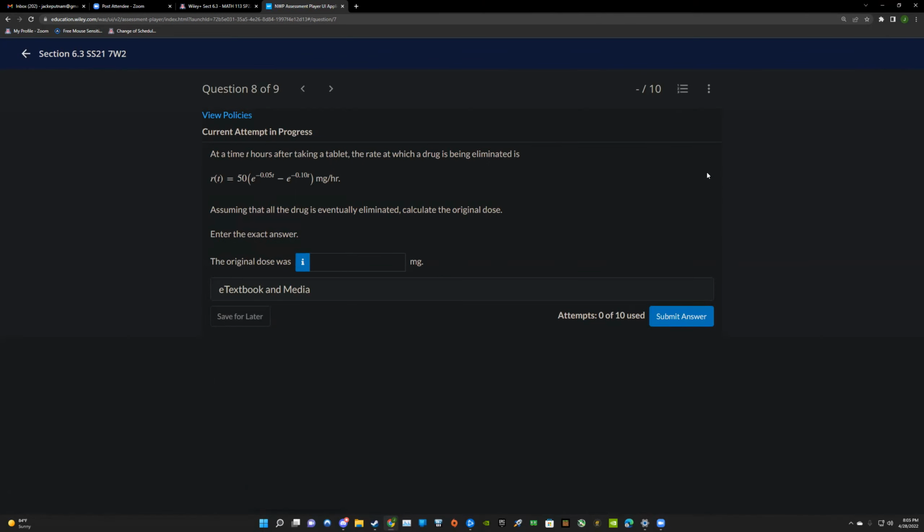All right, next one. It says, assuming all the drug is eventually eliminated, calculate the original dose. I'm tempted to tell you to put in 0, but then you would get e to the 0 minus e to the 0, which is 1 minus 1.